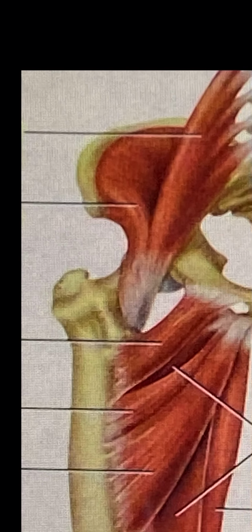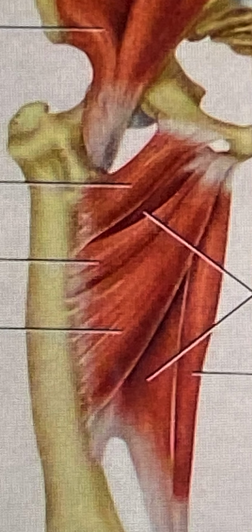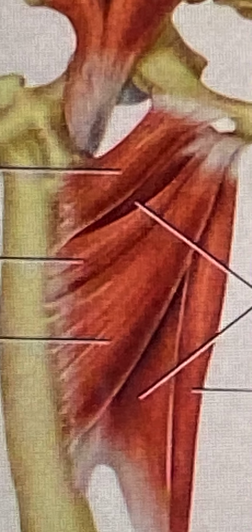Then located on the hip bone, the muscle right here is the iliacus. Then below is this larger muscle, the adductor longus. So this one right here, right in the middle of the screen, is the adductor longus.